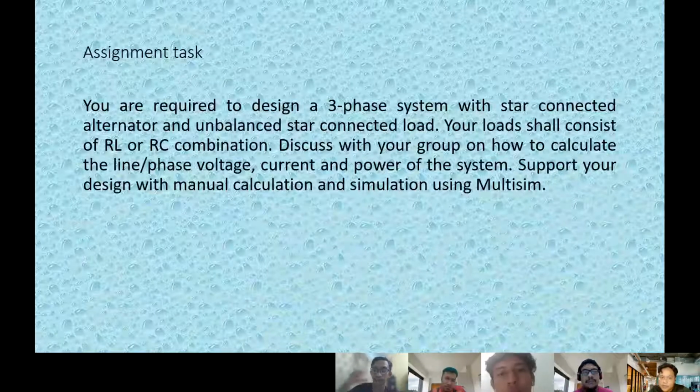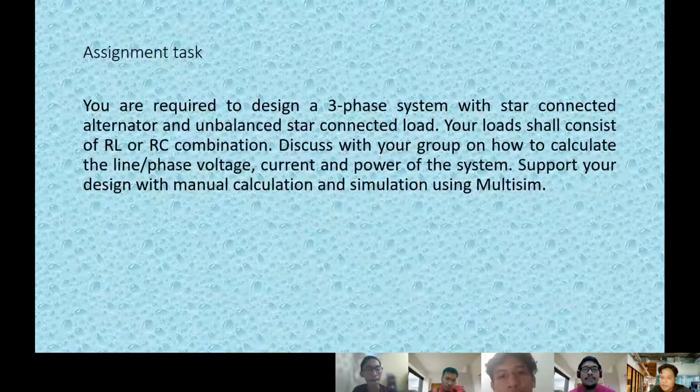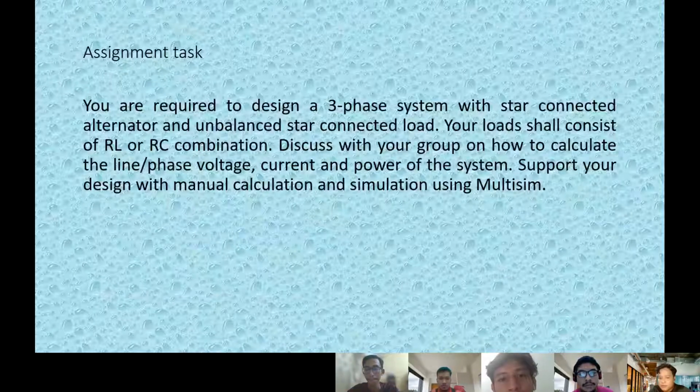The assignment task is we are required to design a three-phase system with star connected alternator and unbalanced star connected load. So the question we take from the assignment task that I showed before this, right? Yeah. Okay, next.